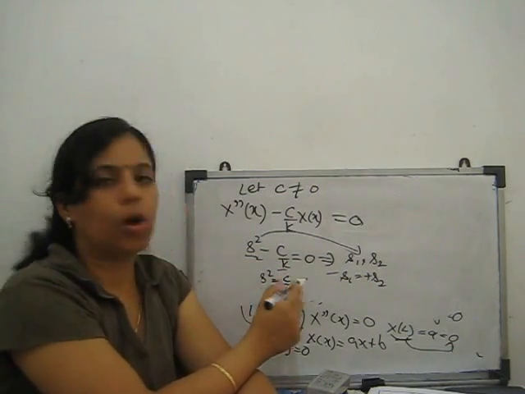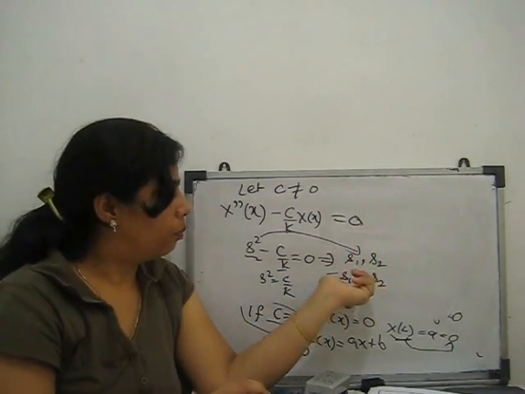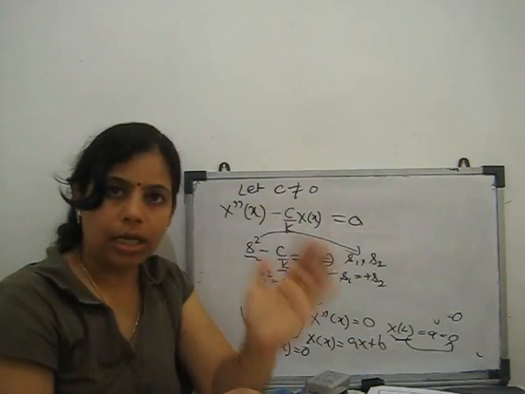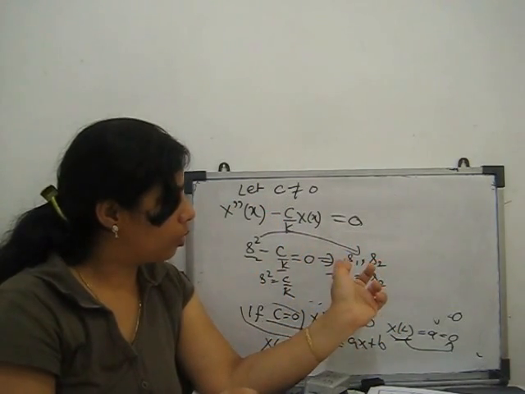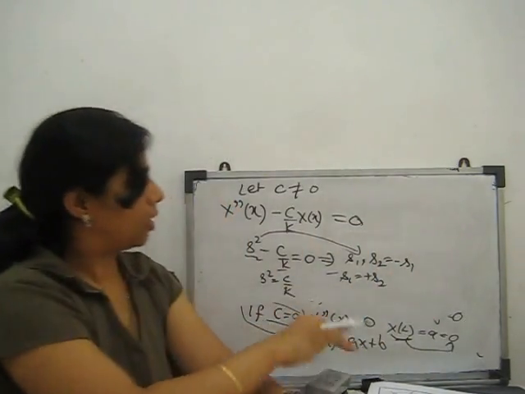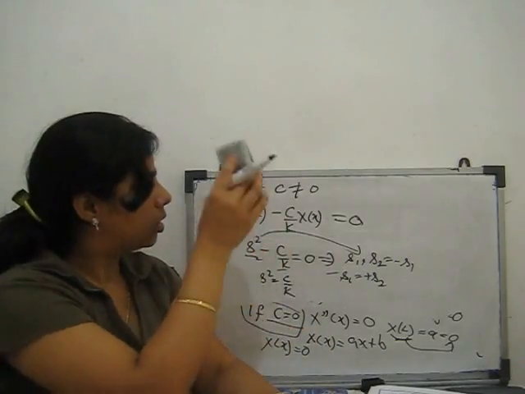So s is plus or minus square root of c by k, and s2 is minus s1. If s2 is minus s1, what is the general solution?